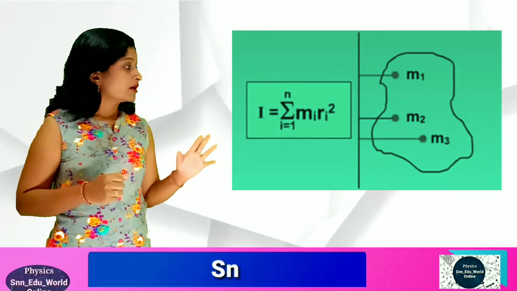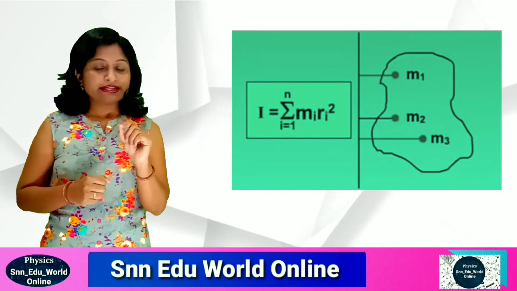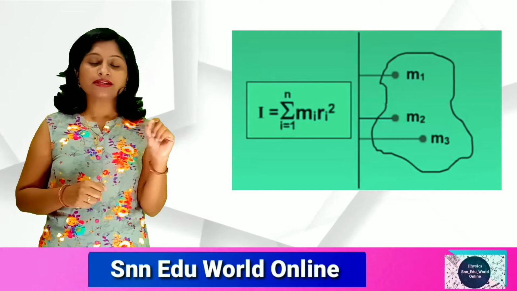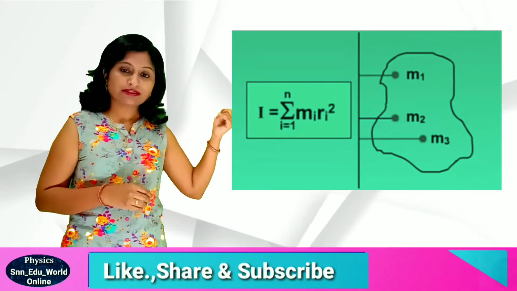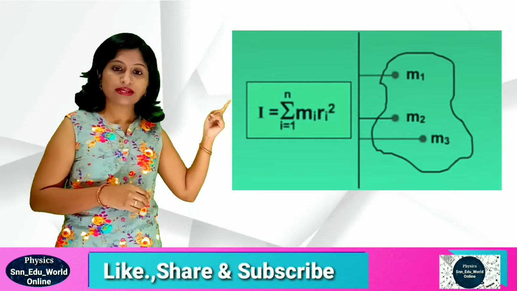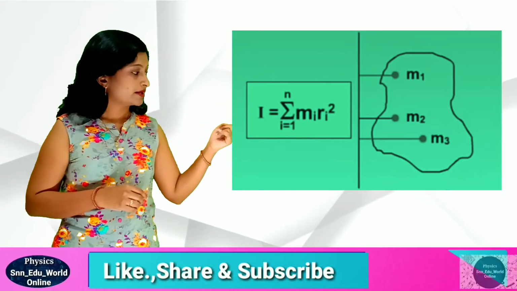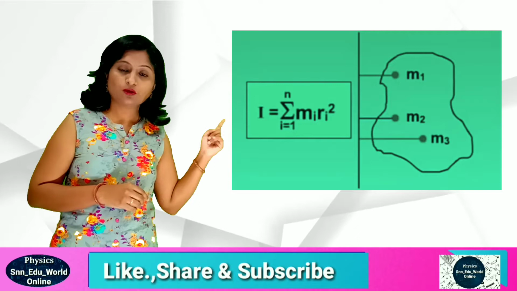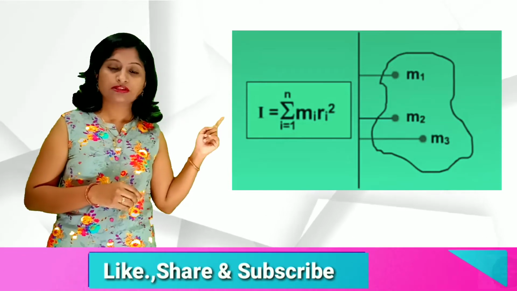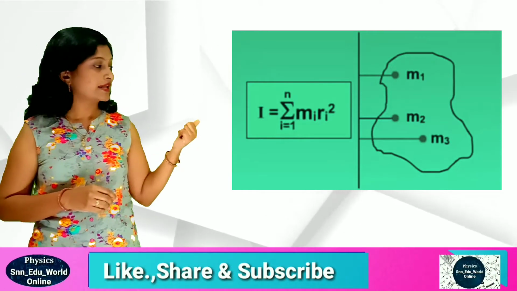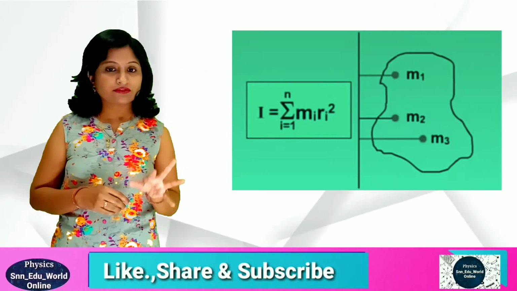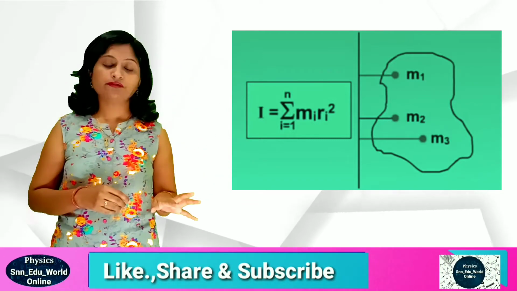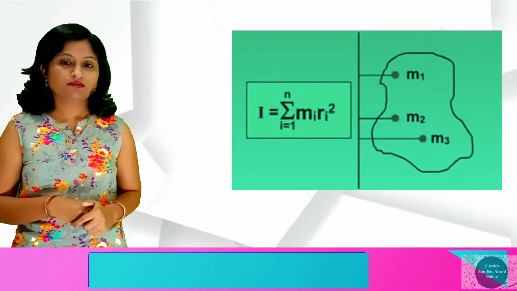Now for each mass there is a different distance from the axis of rotation. You observe here m1 has some distance from the axis of rotation, m2 has the lowest distance from the axis of rotation, and m3 has the highest distance. Means each particle has different mass and different distance from the axis of rotation.